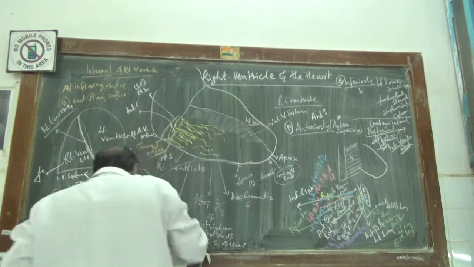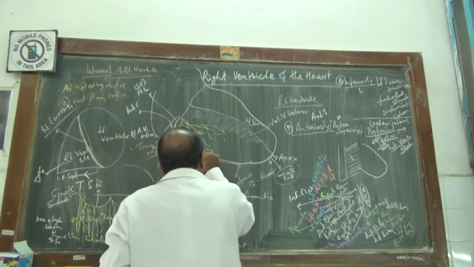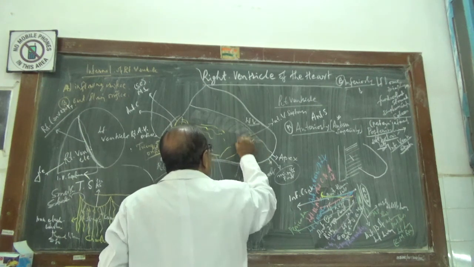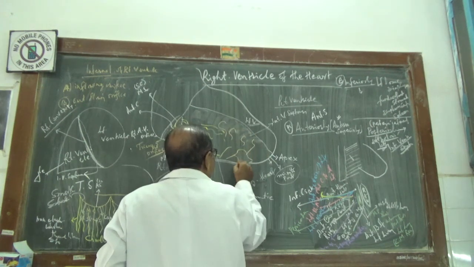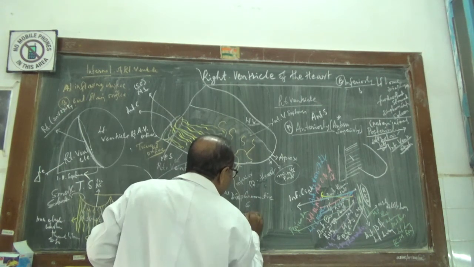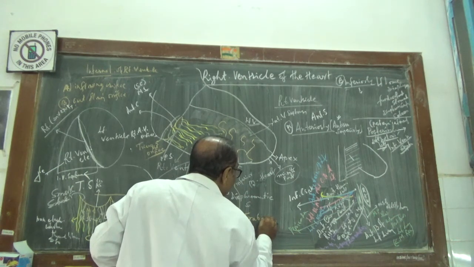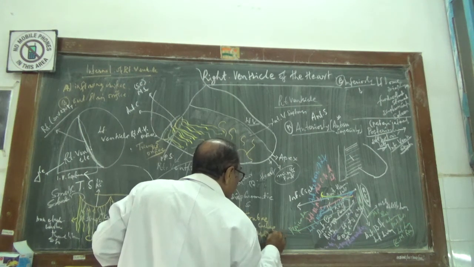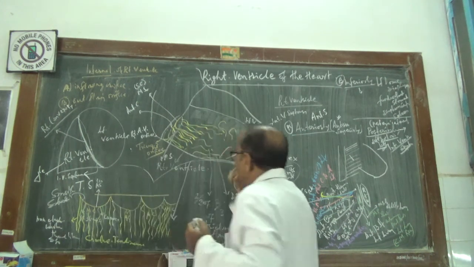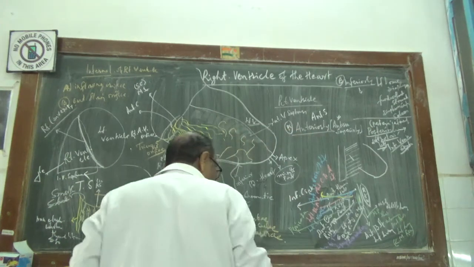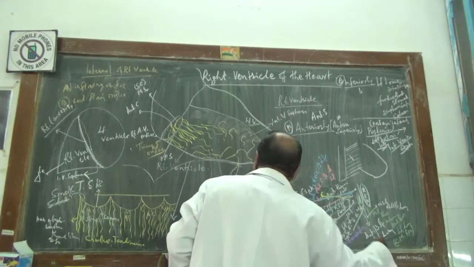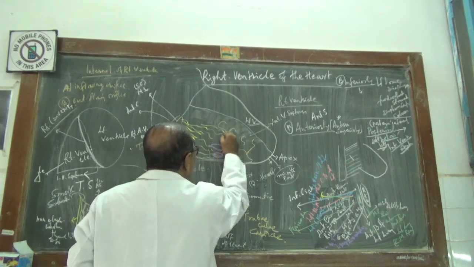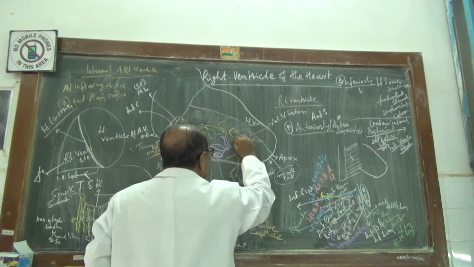These chordae tendineae attach to the trabeculae carneae by means of the papillary muscles.